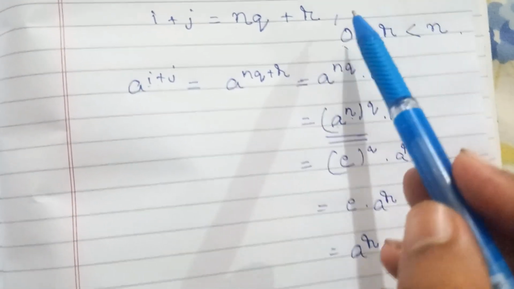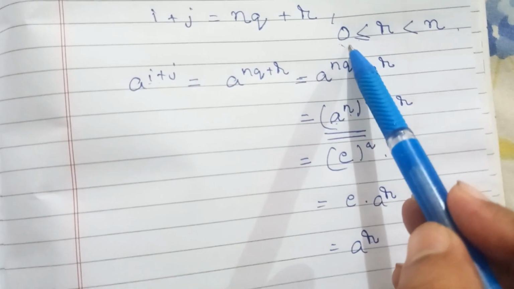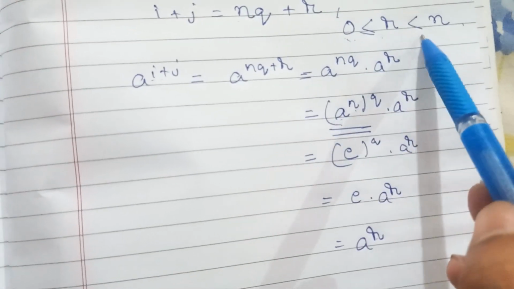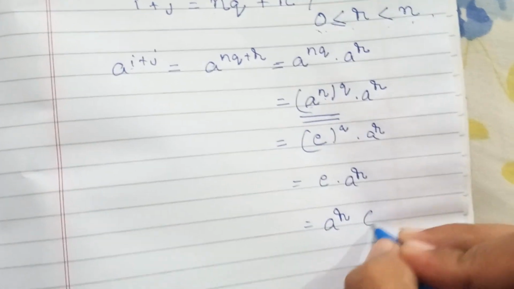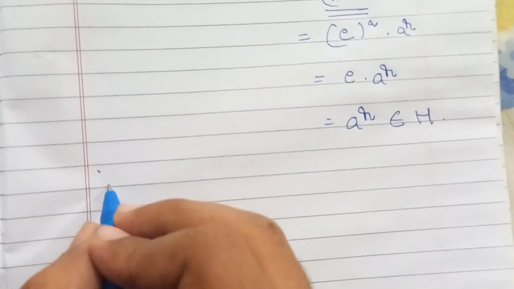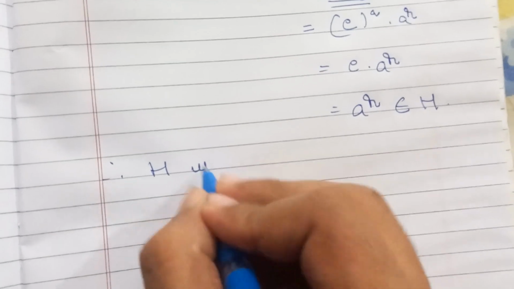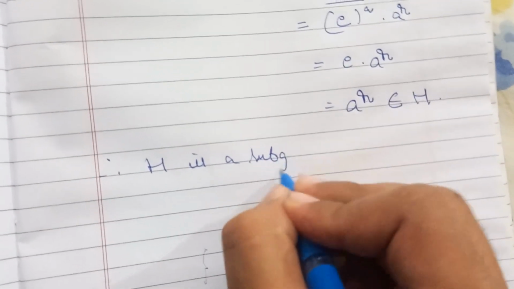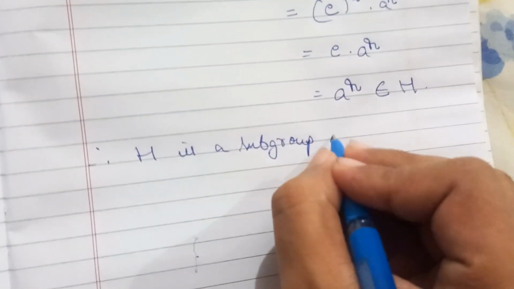Since r is greater than or equal to 0 and less than n, it belongs to H. So we have proven that H is a subgroup of G.